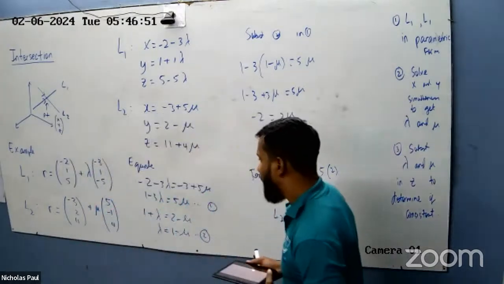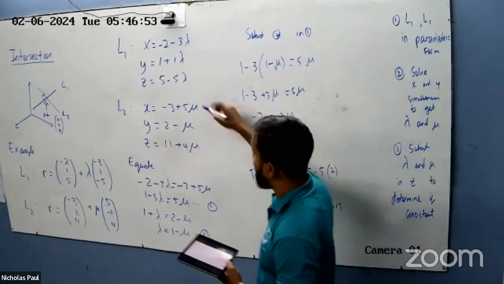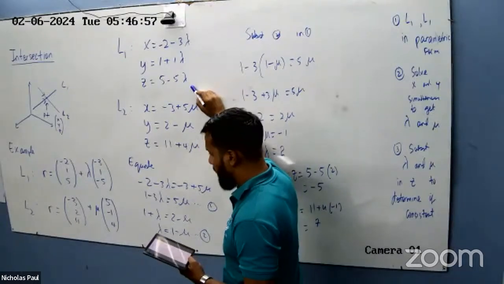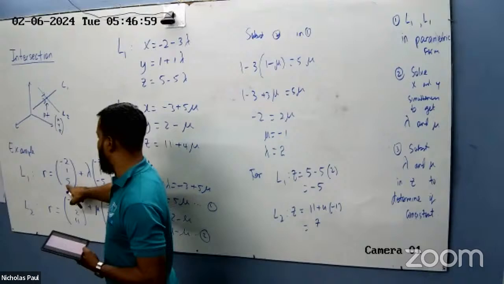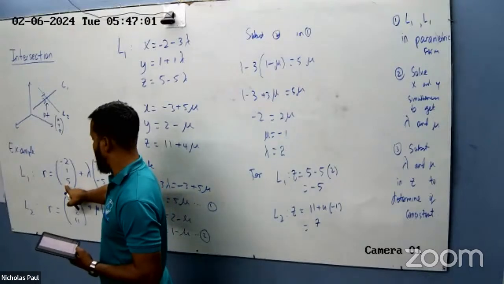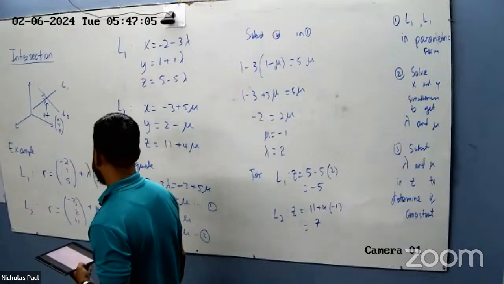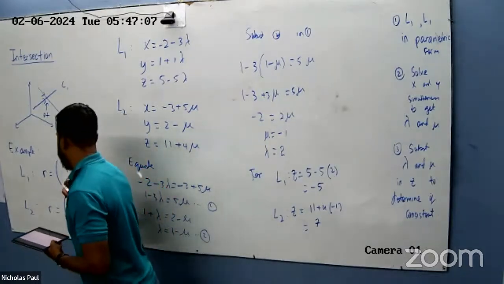Did I write down the correct thing, right? Oh, all right, sit down. It's supposed to be minus 5. That won't affect anything, right?